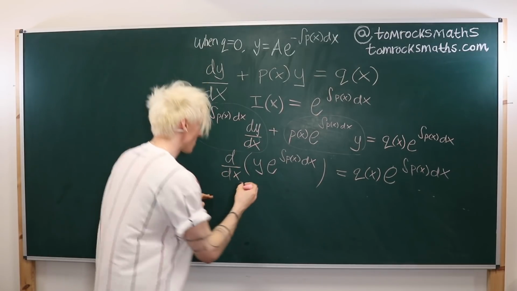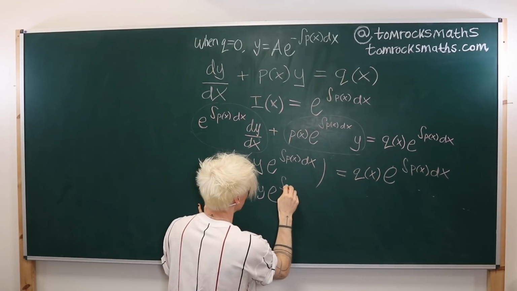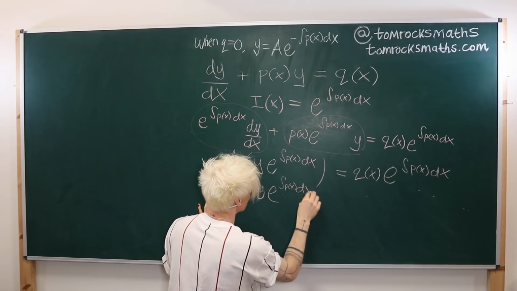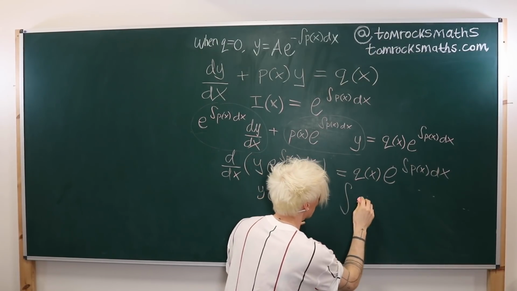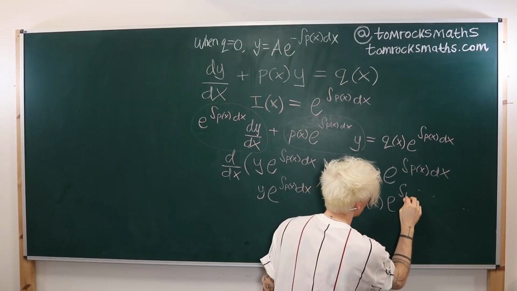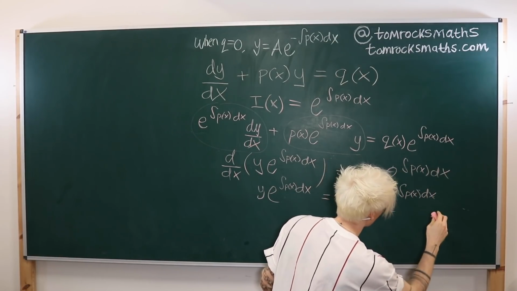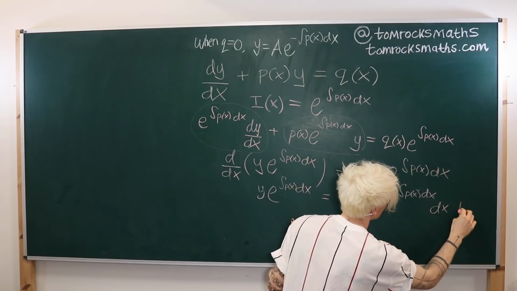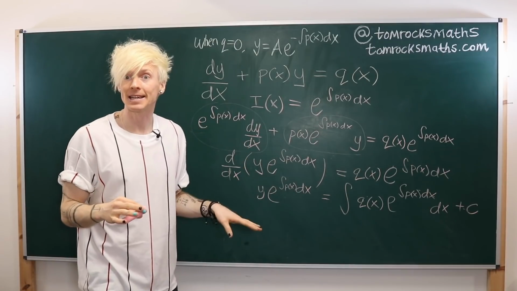So y times e to the integral of p(x) dx is equal to the integral of q(x) times e to the integral of p(x) dx, this whole thing integrated with respect to x, plus an integration constant c.